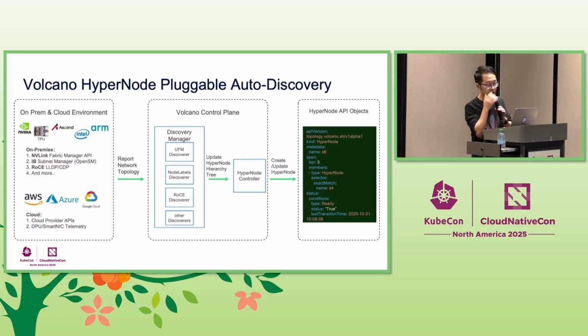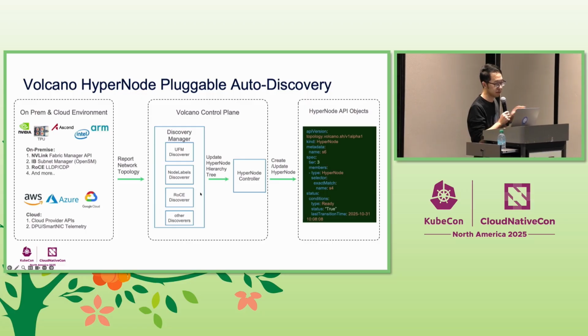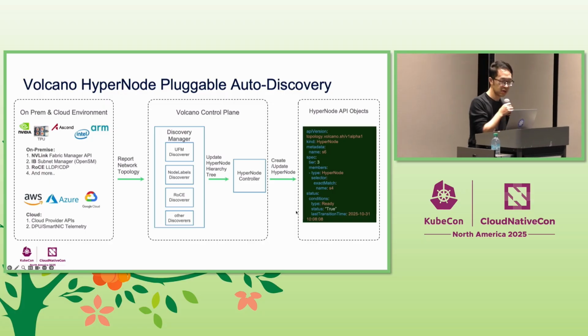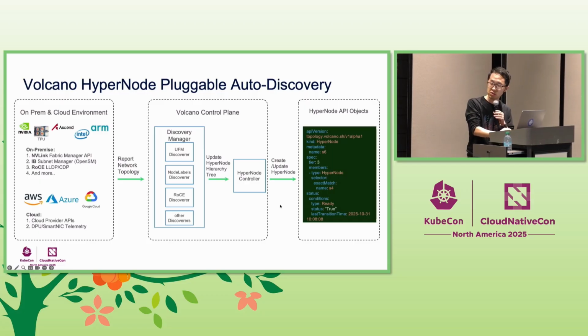For Volcano, we have the Discovery Manager to help decouple the implementation of the underlying discovery and fetch the HyperNode data, and then create multiple HyperNode objects to let the scheduler parse them into a tree data structure in memory. You are also able to implement your own discovery plugin.